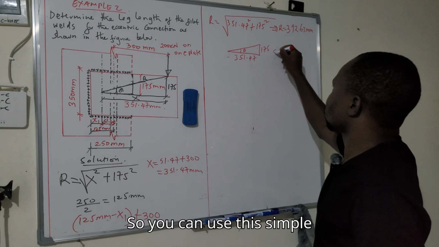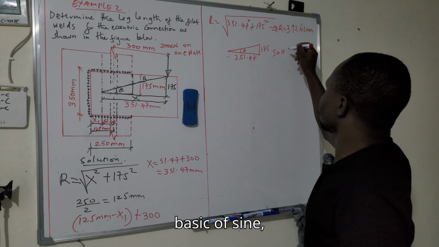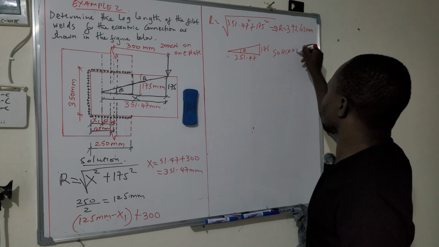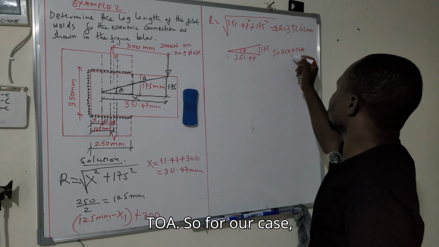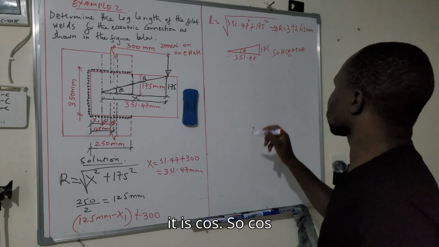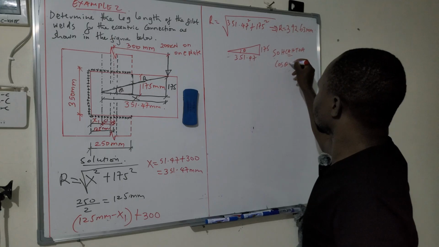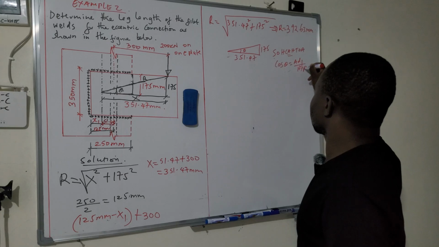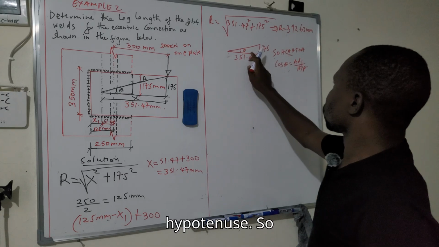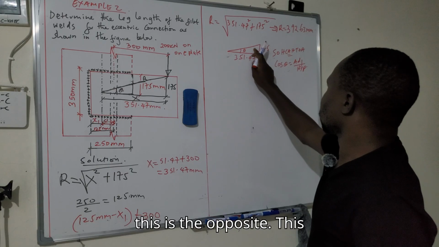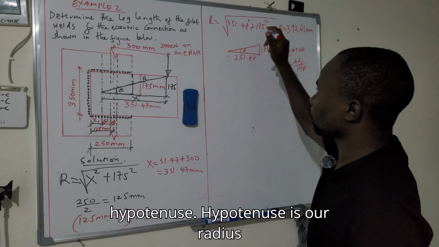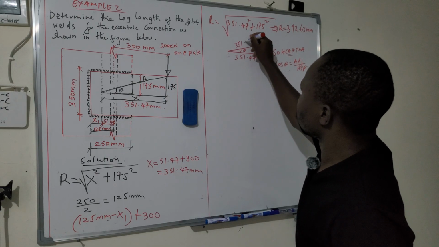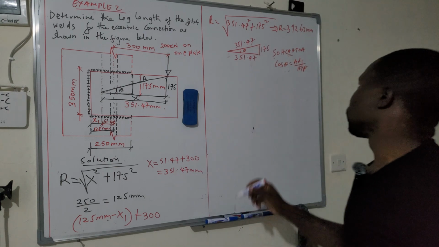So you can use this simple basic of sine, cosine, and tangent, SOHCAHTOA. So for our case, it is cos. So cos theta is equal to adjacent over hypotenuse. So this is the opposite. This is the adjacent, and this is the hypotenuse. So hypotenuse is our radius.